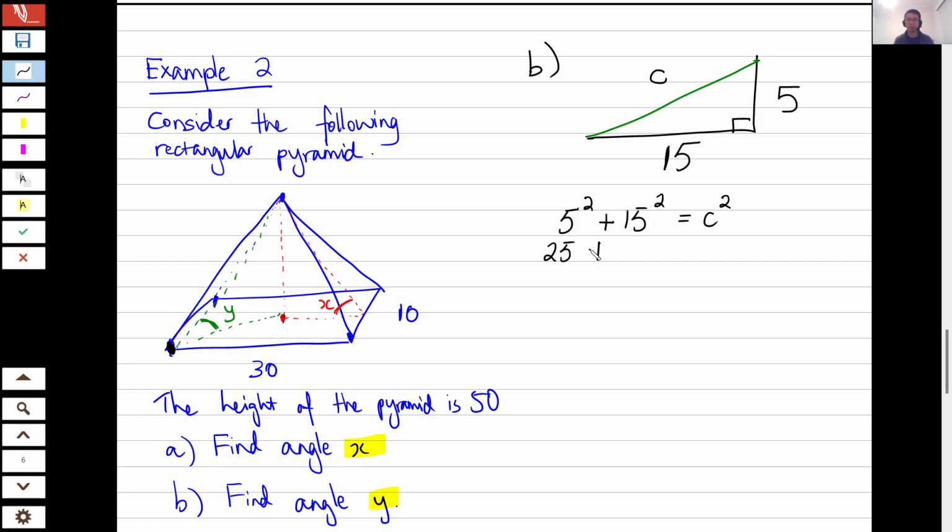You can use a calculator to get 15 squared equals 225, or you might already have that memorized. 25 plus 225 equals 250. And because of my experience, I know that I can stop here. I don't need to actually evaluate this. I can just keep the exact value, root 250.